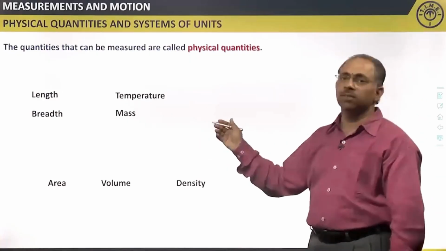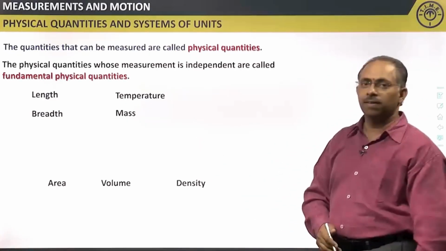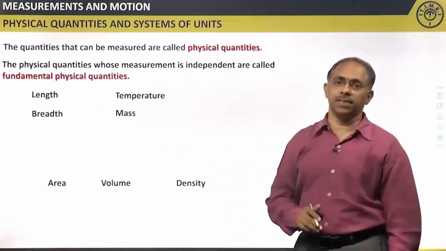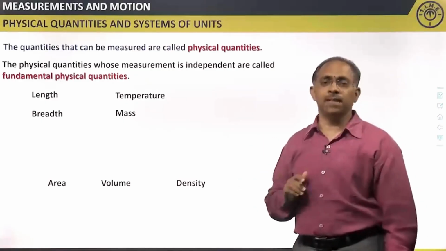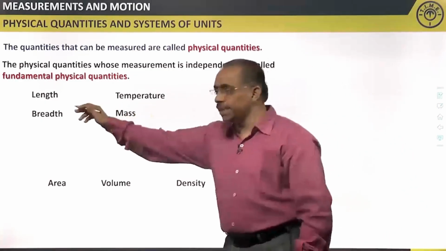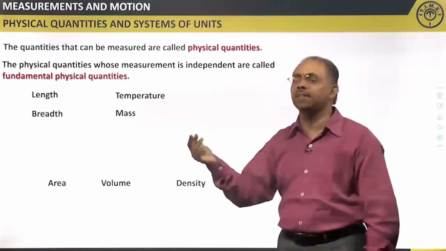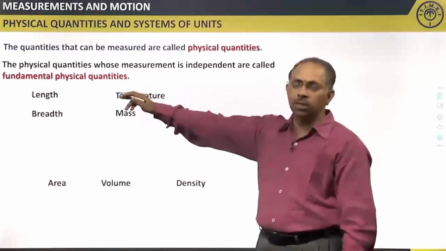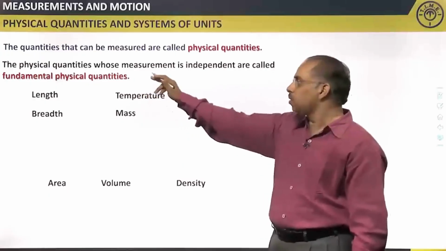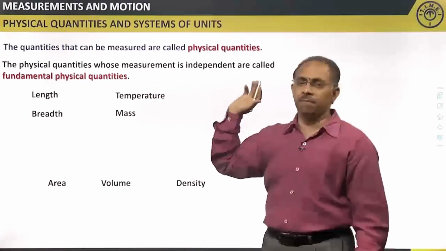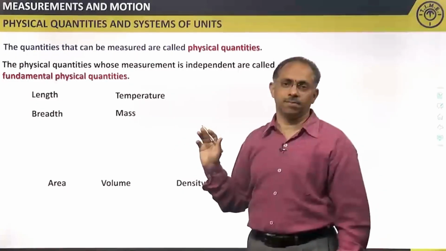These quantities, if you see, are fundamental physical quantities. Why are they fundamental? Because to measure these quantities, we need not depend on the measurement of other physical quantities. That's how the definition goes: the physical quantities whose measurement is independent are called fundamental physical quantities.